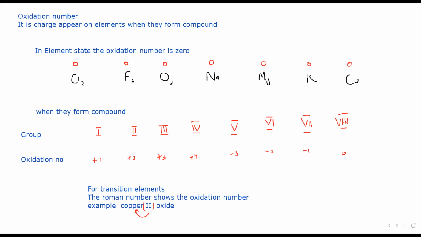And using the oxidation number, if the oxidation number increases, we call that oxidation. If oxidation number decrease, we call that as reduction. Yes, oxidation number, it is same thing like a valency.